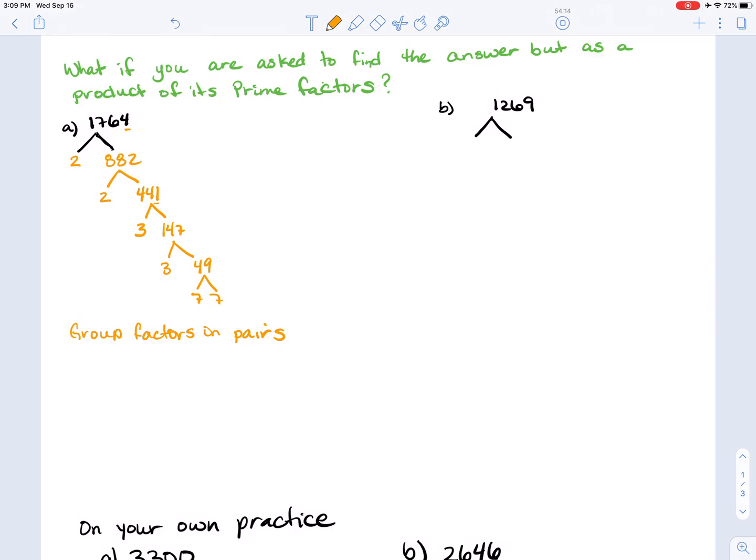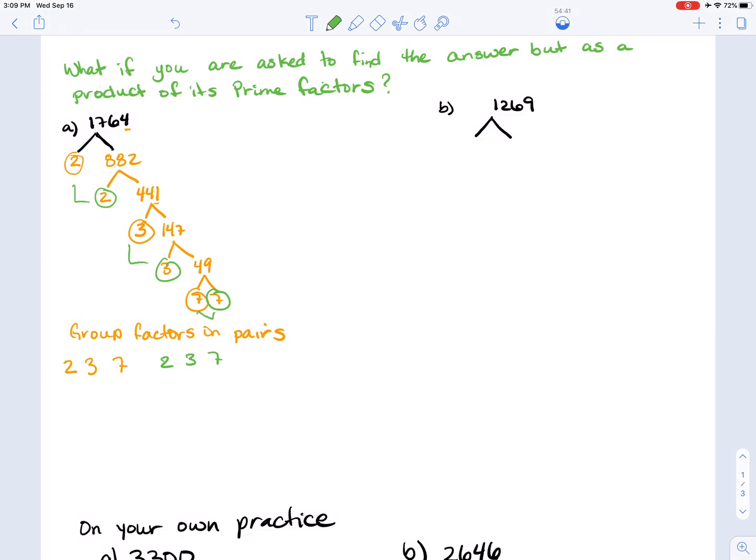So, as I group the numbers, I have a 2, I have a 3, and I have a 7. And then I'm going to take the other ones, a 2, a 3, and a 7. I'm just separating them out because I have 2 of each.